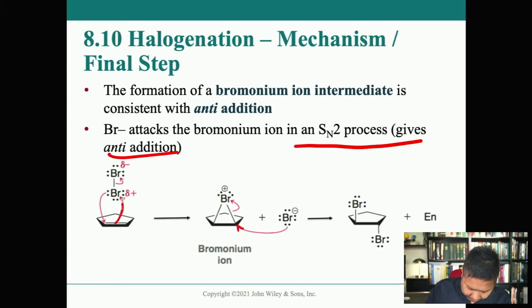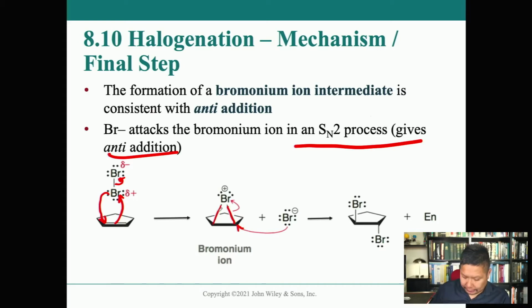Where the double bond comes up and attacks the bromine molecule. Bromide leaves as a leaving group. Electron density comes back down from the bromine to the partially positive carbon right there. And so then you form the bromonium ion, bridged.